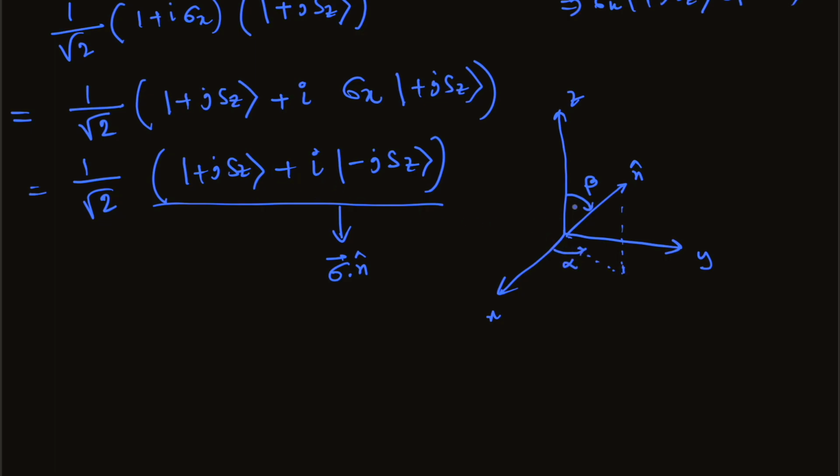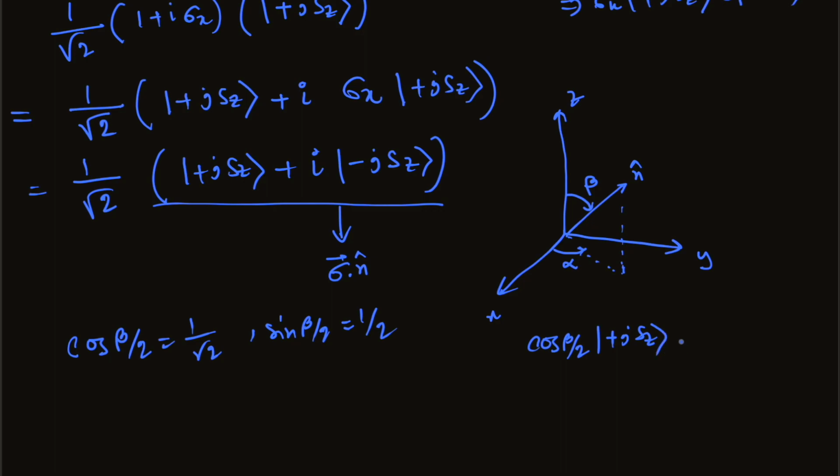So let us check what alpha and beta are here. Here cos beta by 2 is equal to 1 by root 2 and sine beta by 2 is equal to 1 by root 2. The eigenkets of sigma dot n from question 9 we know will be cos beta by 2 plus sz plus e to the power i alpha sine beta by 2 minus sz.